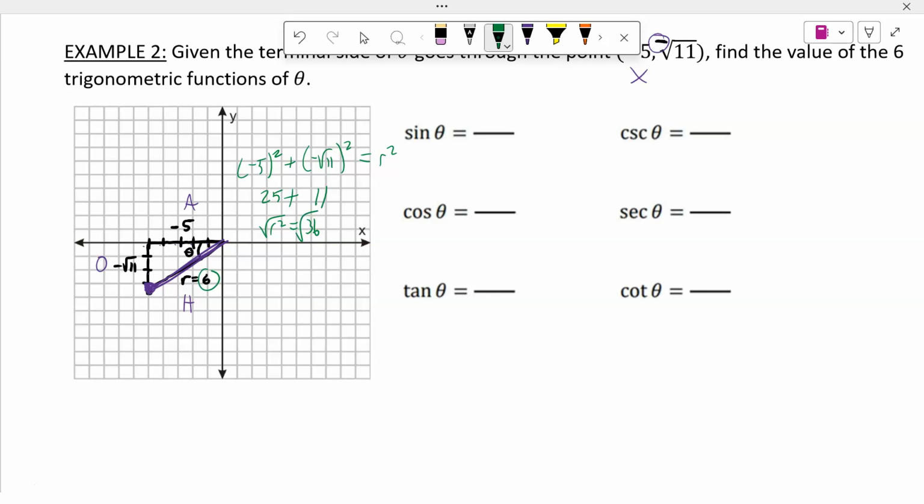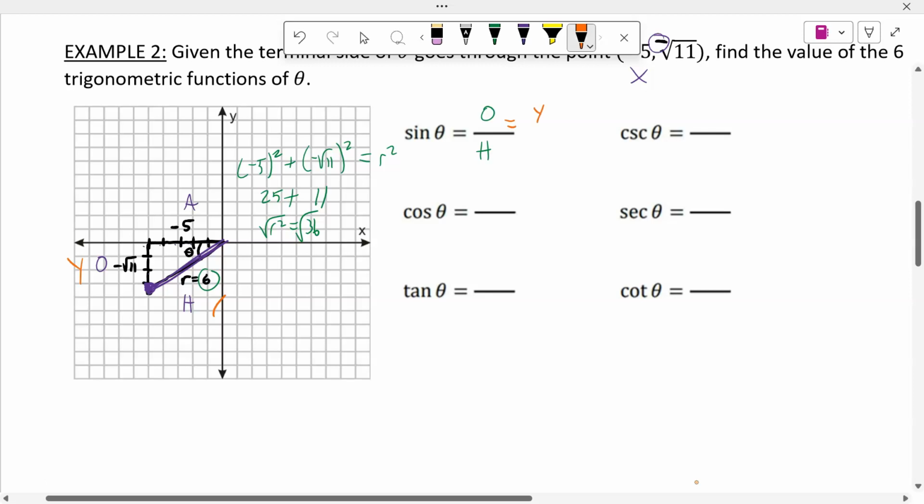From there, we can start actually answering the questions, right? We know that sine, again, is supposed to be opposite over hypotenuse, which we've now converted. Notice opposite is a value of y in this case, right? Because it's going down, which is also going to make our answer negative. In other words, we can call it y over r.